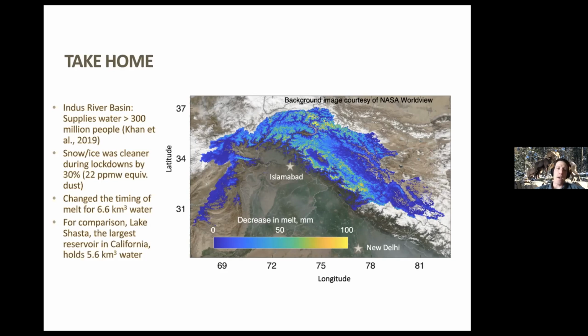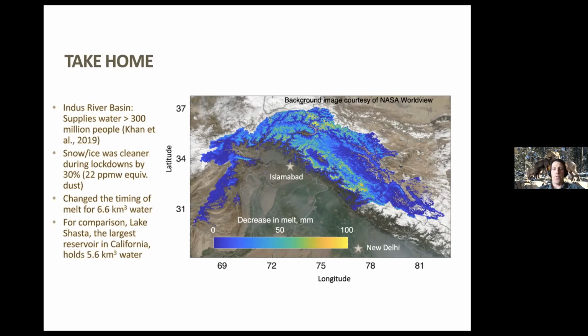Anyway, it changed the timing of about 6.6 cubic kilometers of water. So in other words, 6.6 cubic kilometers of water didn't melt in the 2020 water year. A water year goes from October 1st through September 30th.